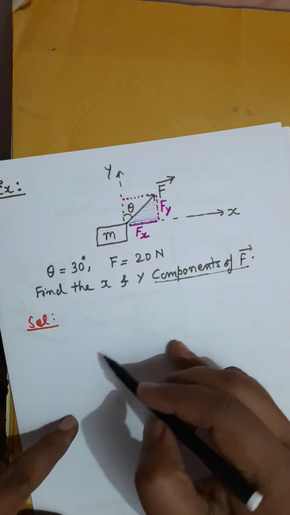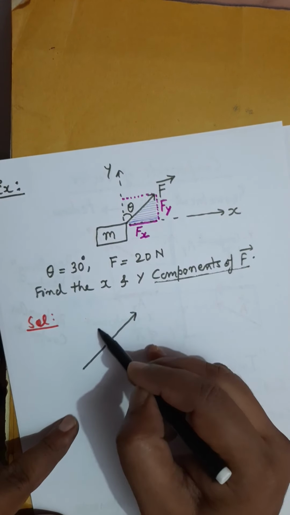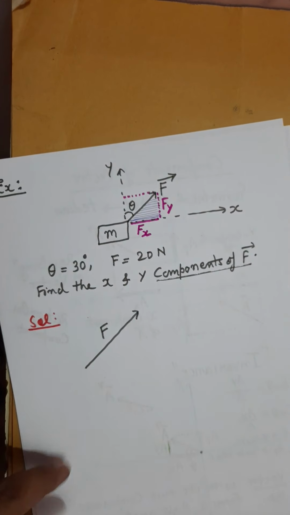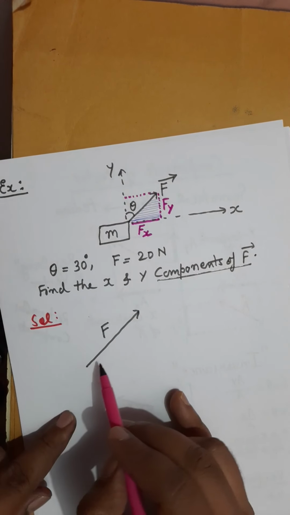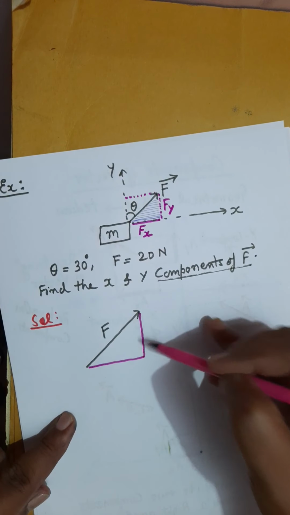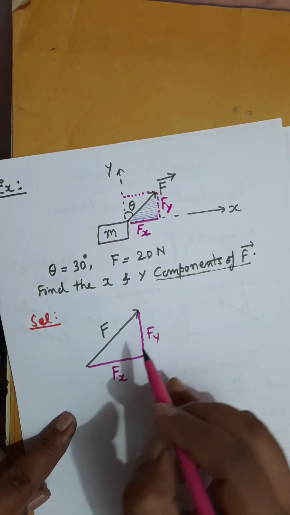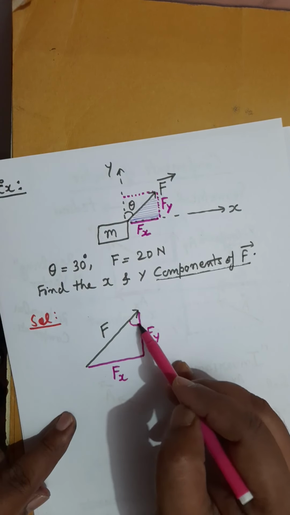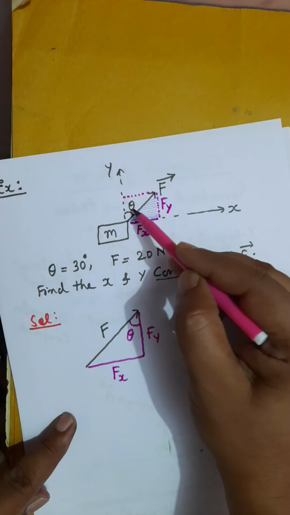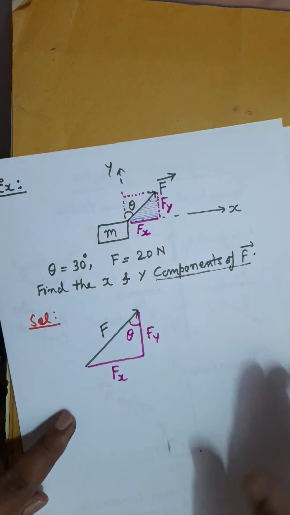The hypotenuse of that right angle triangle is the length of our force F, and then we have two other sides, denoted by fx and fy. And we can see that this angle is also theta. If this is theta, then using parallel line properties you can prove that this angle is theta.